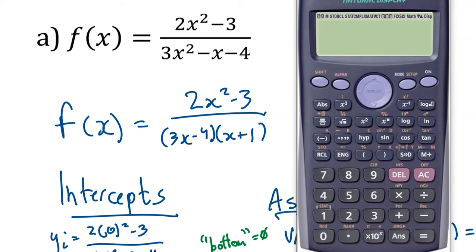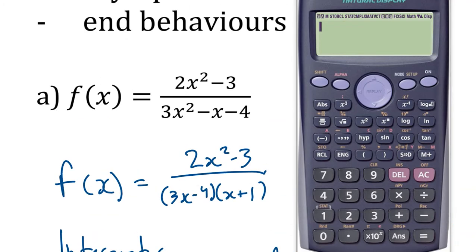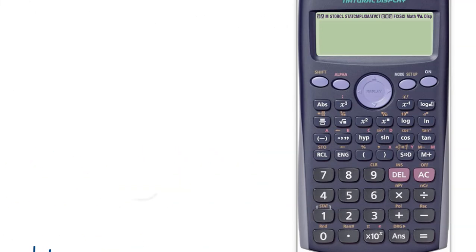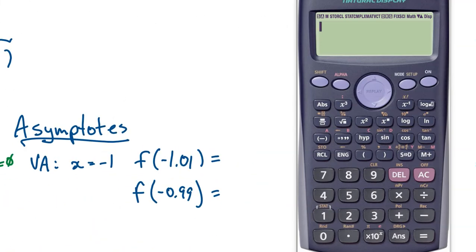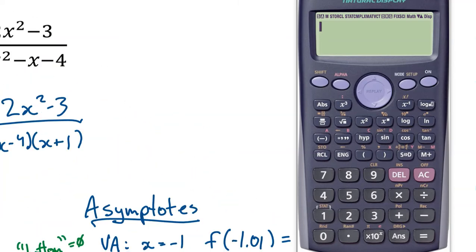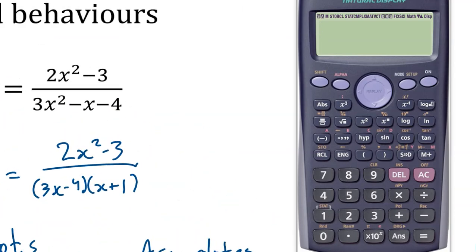But if you're good with numbers, and if what I'm about to go through makes sense to you, you could still do the inspection in this case. When I square, where did it go? So I'm going to look at negative 1.01 first. When I square it, I'm going to get a number just bigger than 1.